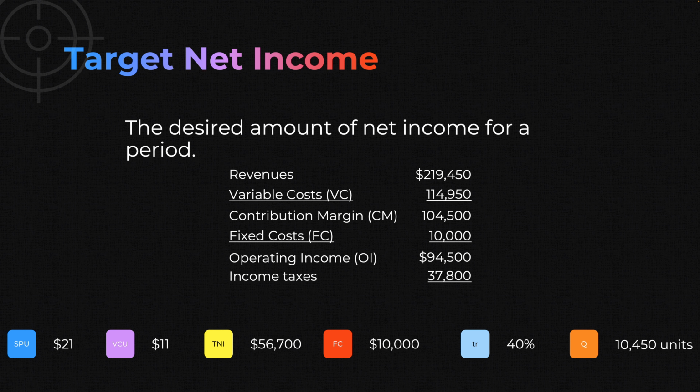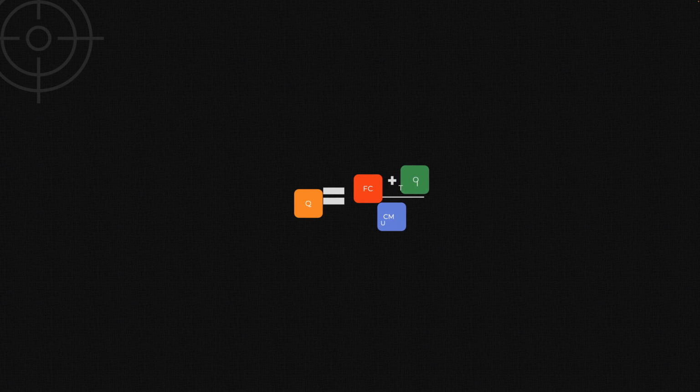And if we subtract this from our operating income of $94,500, we should get net income, and that will equal $56,700. It worked.